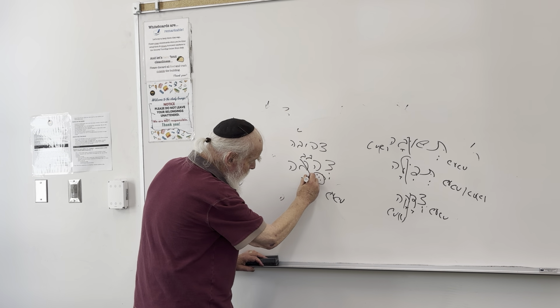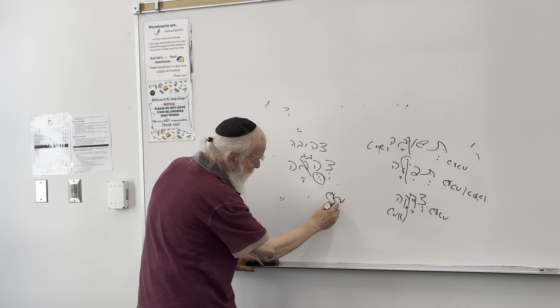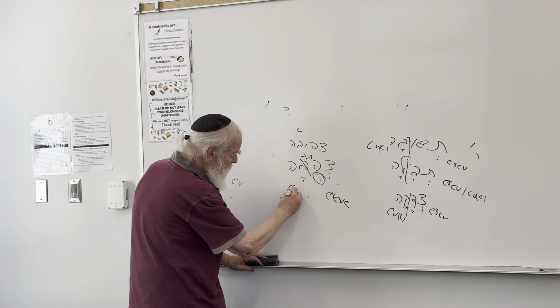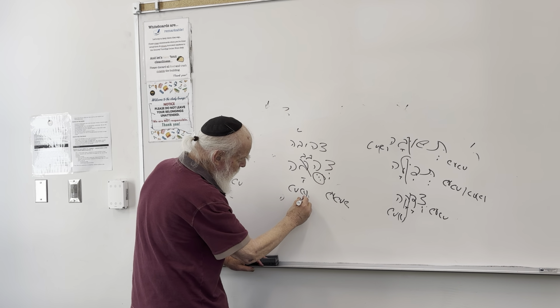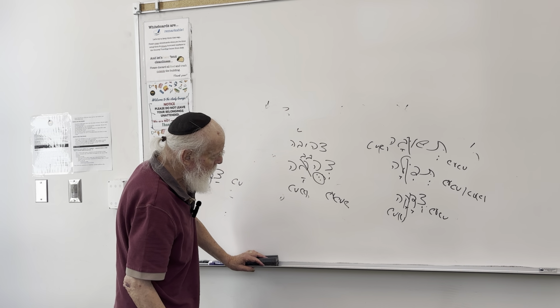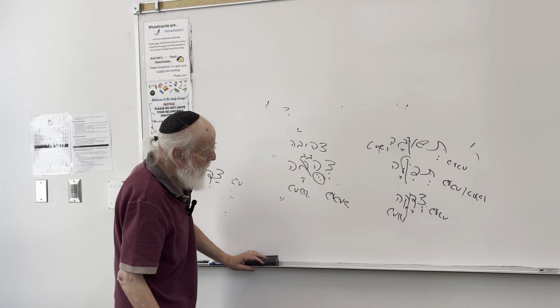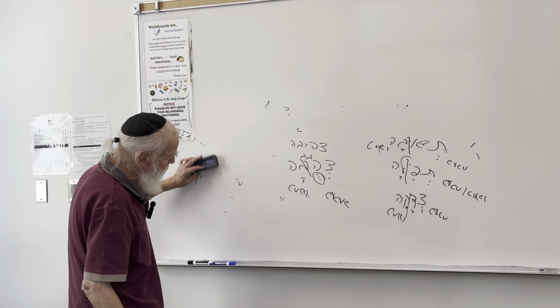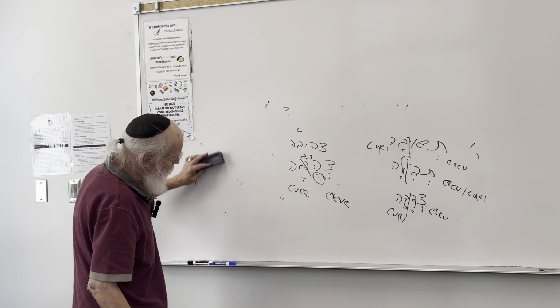So we draw a line in that letter bet, CV and CVC. The bet is doubled, and CV and the last letter hey in brackets. The word for yellow, tzehuba. And then finally, the last word on this particular section is the word salav.